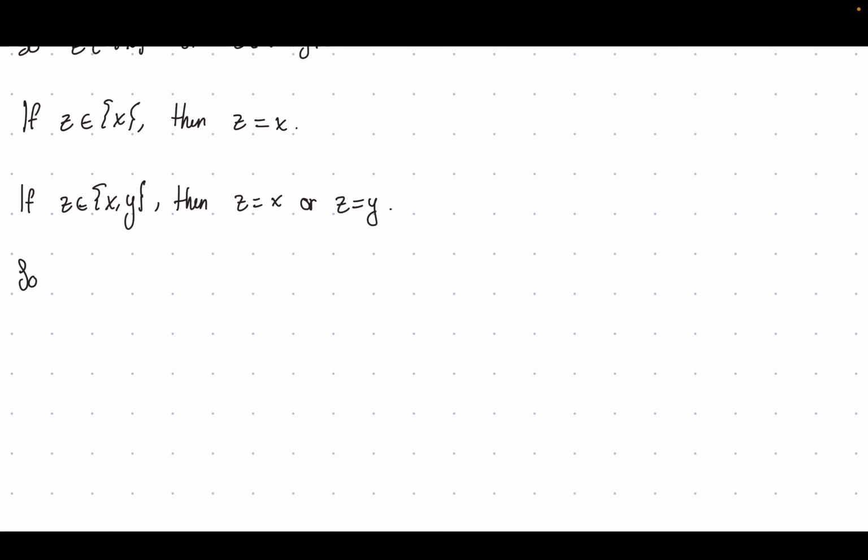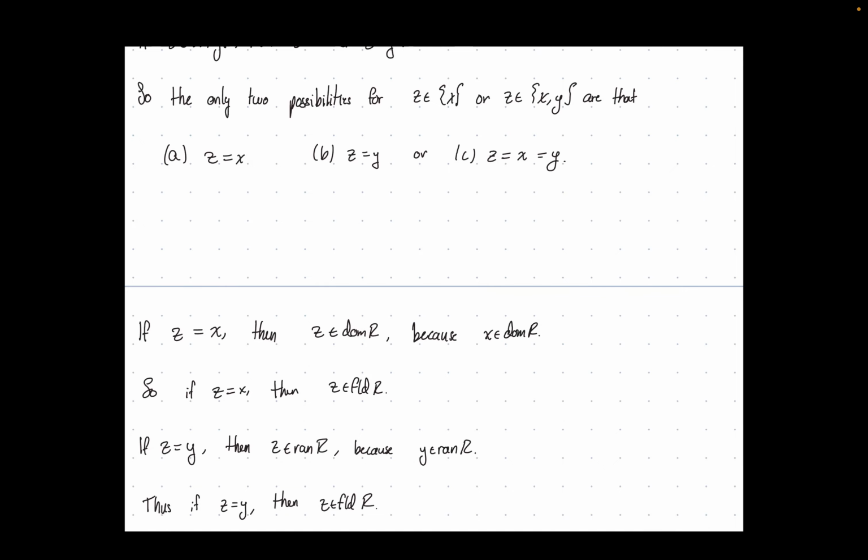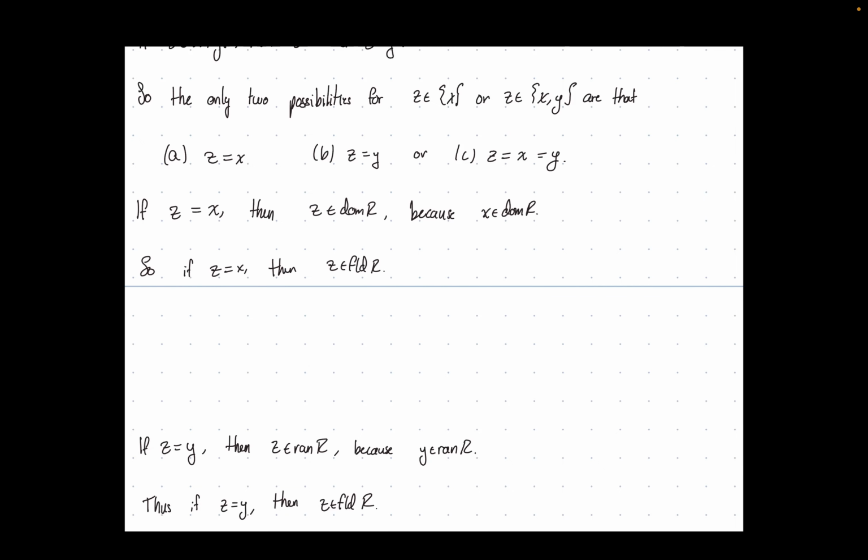Okay, so the only two possibilities for Z to be in X or Z to be in the set containing X and Y are that A, Z is equal to X, B, Z is equal to Y, or C, Z is equal to X, which is equal to Y. If you've done a lot of math before, you probably see this and roll your eyes a little.